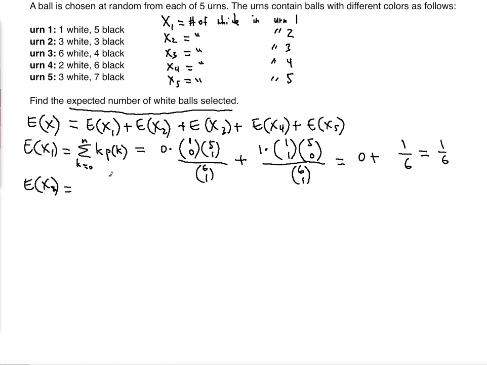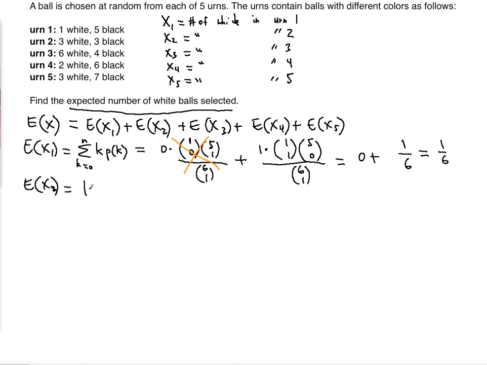The second one is similar. We can disregard the choice of 0 white balls, because it will always give us 0 because of the k value of 0. So we can disregard the choice of 0 white balls in each of the remaining cases. We can start with choosing 1.